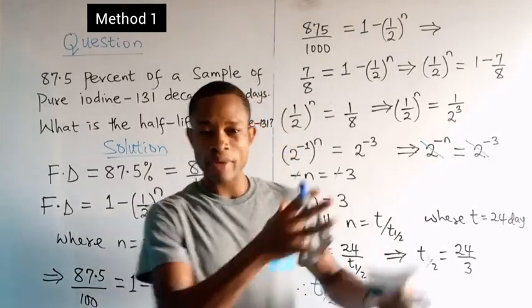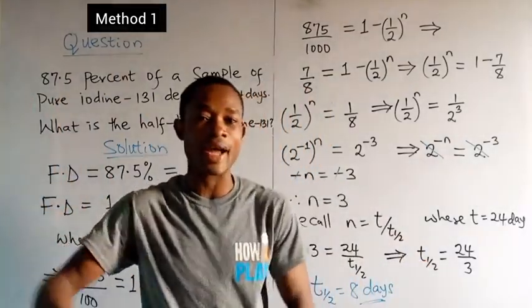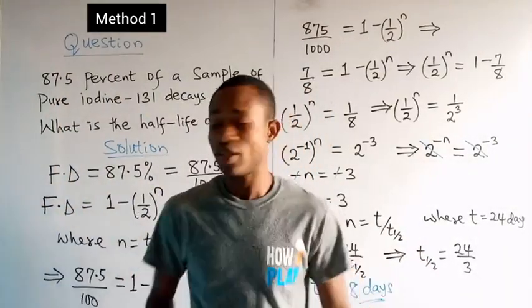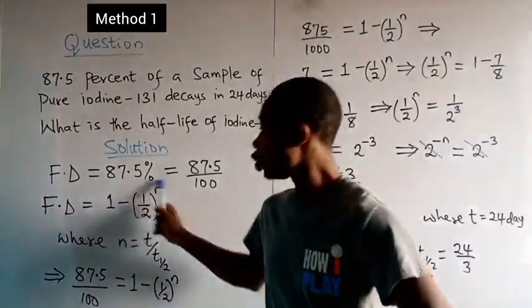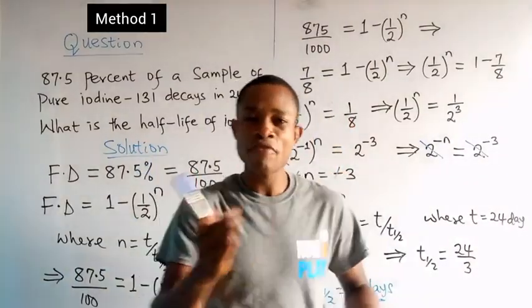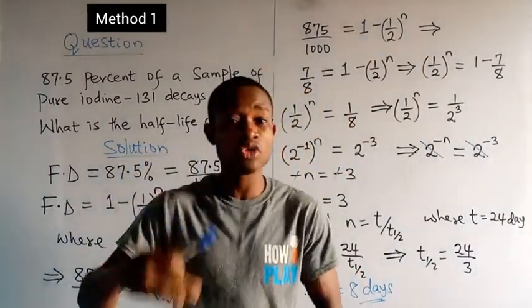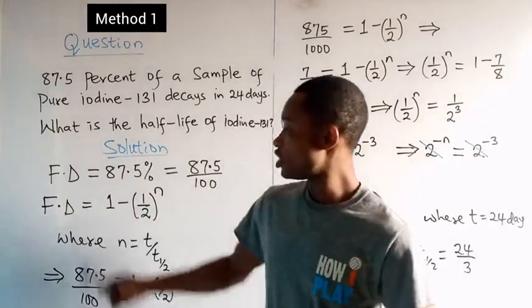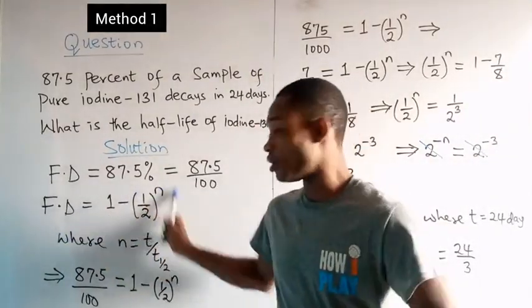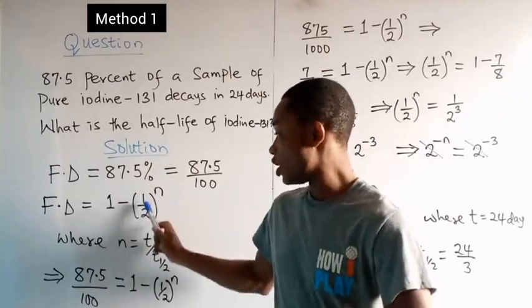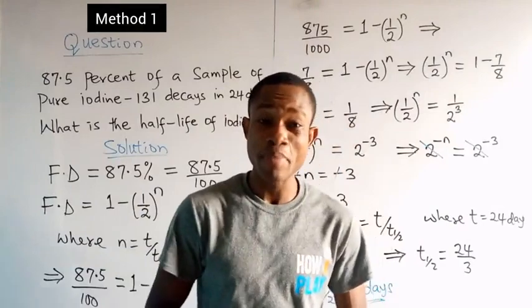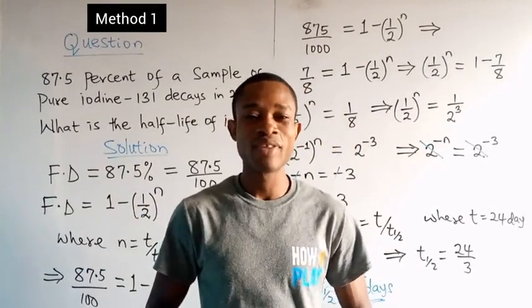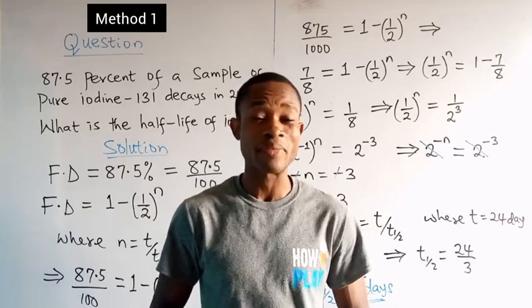Which means if you get a particular quantity to be 1 minus the other, there is a relationship there. If this is fraction decayed, being equal to 1 minus this whole term, the idea is that fraction decayed plus fraction left should be equal to 1. So this term, 1 over 2 raised to the power of n, is actually the fraction remaining or fraction left. And with that, we can calculate our half-life from there.